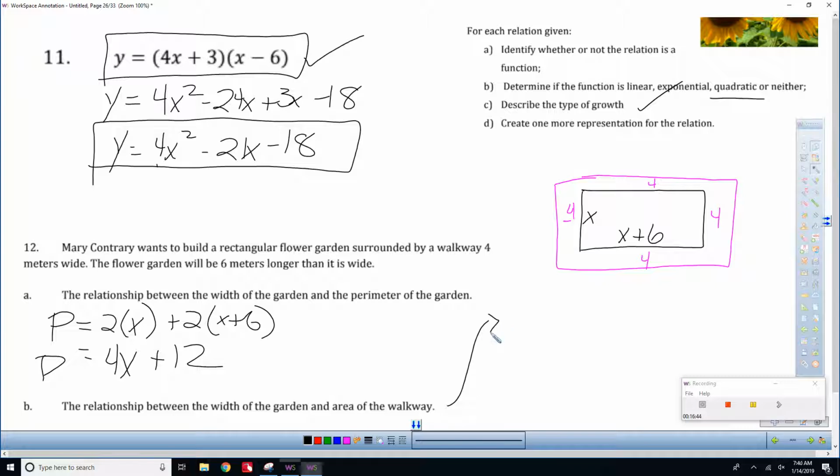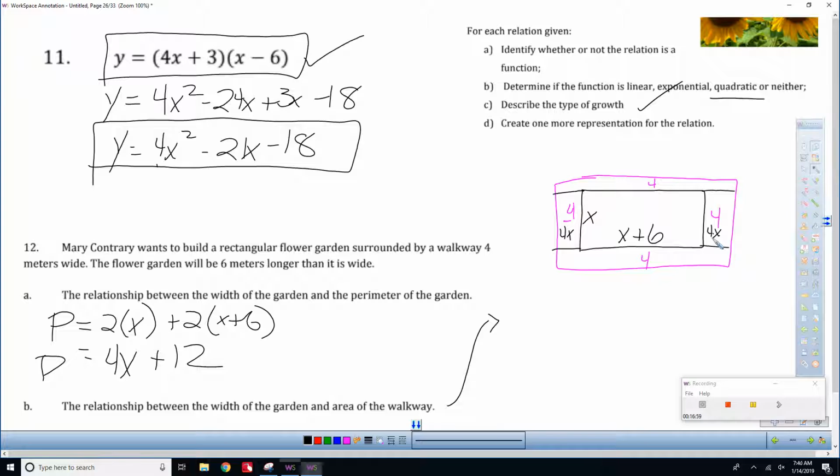Well, the area of the walkway is going to be, let's see, this right here will be 4x. That right there will be 4x. That right there will be 4 times x plus 6 plus 4 plus 4.